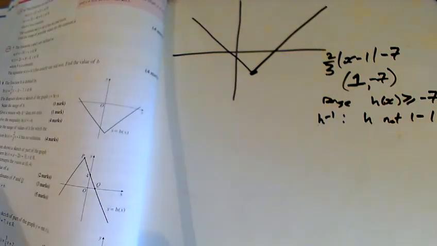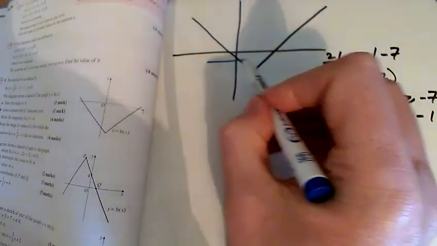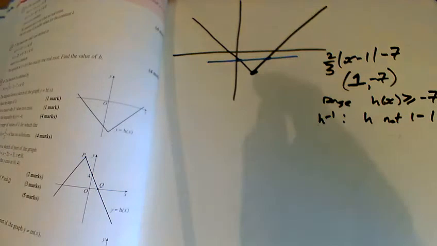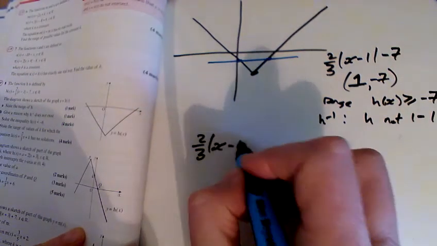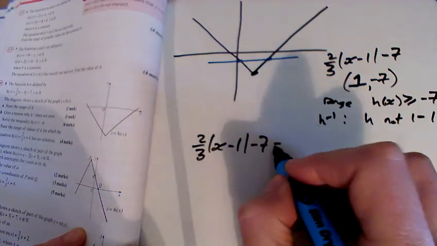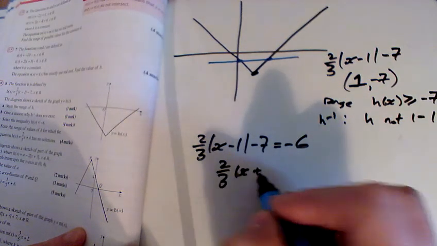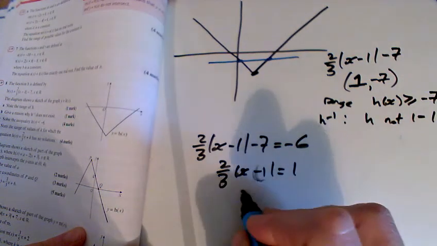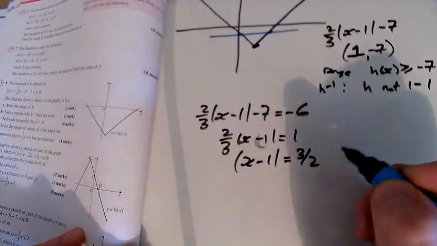Now, when is it lower than -6? Well, I think the first thing I want to do is find out when it equals -6. Let's find the two places when this thing actually equals -6, and then we'll think about when it's less than that. So if this equals -6, I'm going to add the 7 to both sides to get 1, and times by 3/2 I can get that.